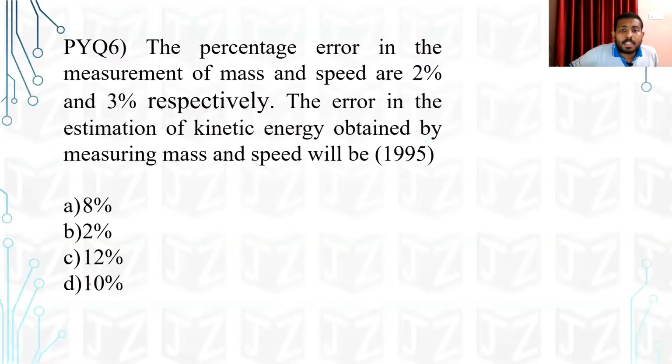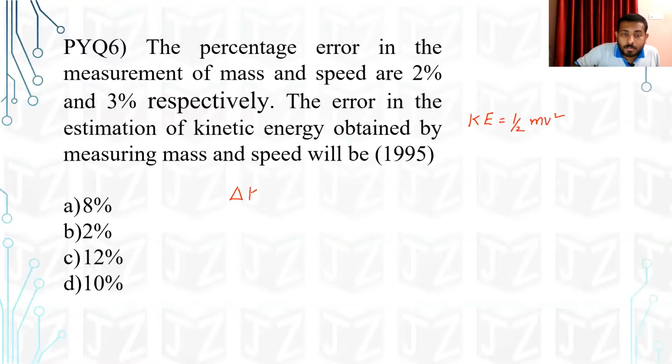The percentage error in the measurement of mass and speed are 2% and 3% respectively. Then the error in the estimation of kinetic energy obtained by measuring mass and speed will be. We know that the equation for kinetic energy is half mv square.